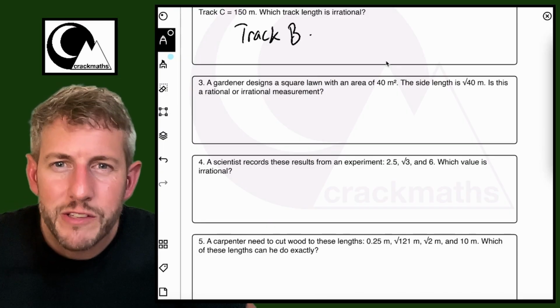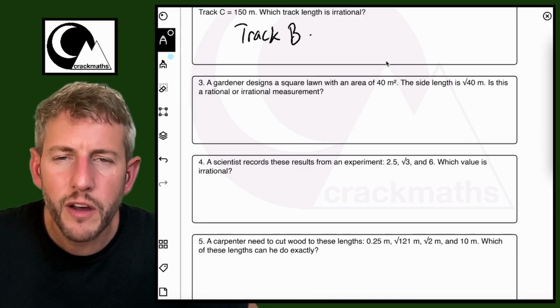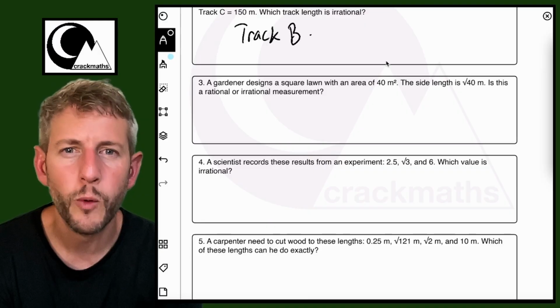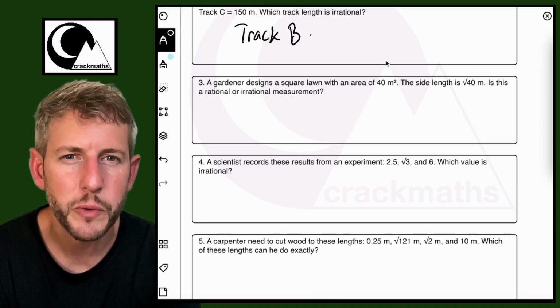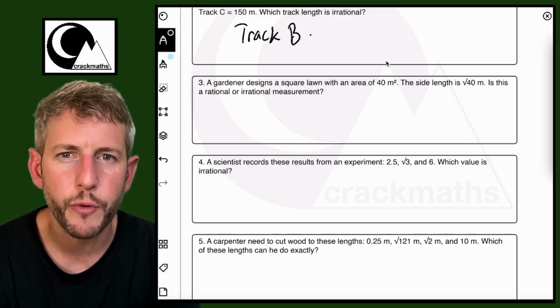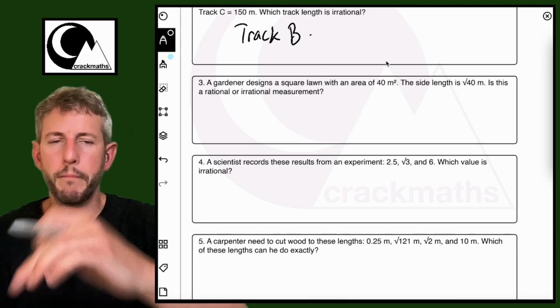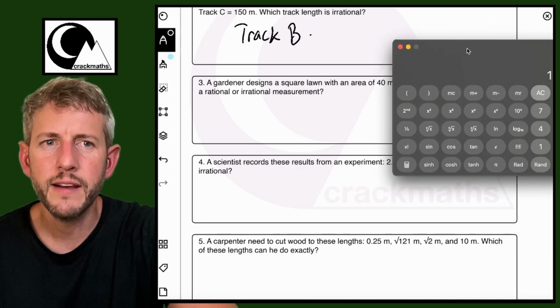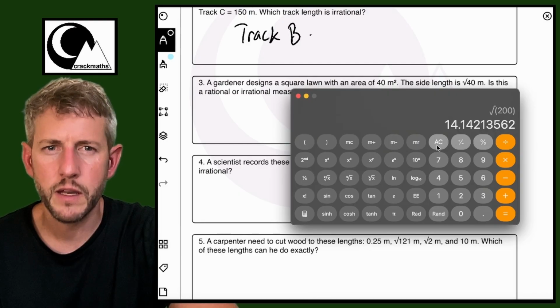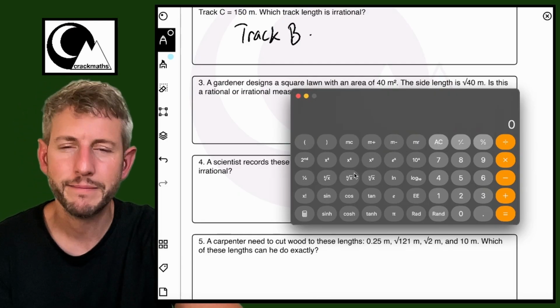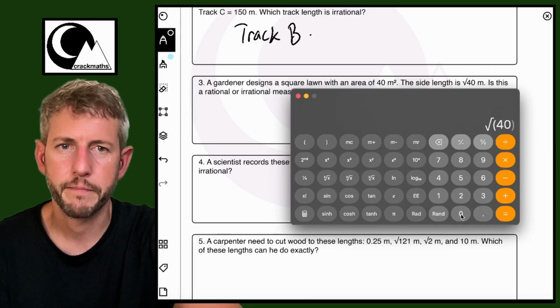Right, anyway, question 3. A gardener designs a square lawn with an area of 40 metres squared. The side length is root 40. Is this a rational or irrational measurement? Okay, let's find out. So 4 is a square number, but I don't think 40 is going to do it for us.